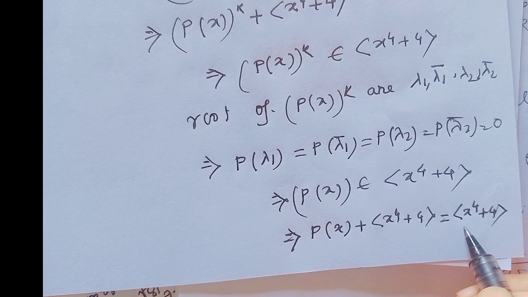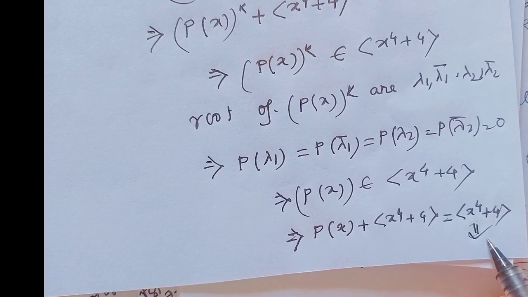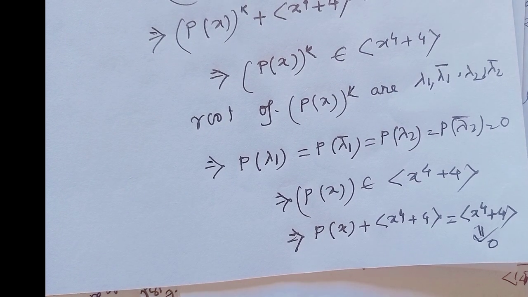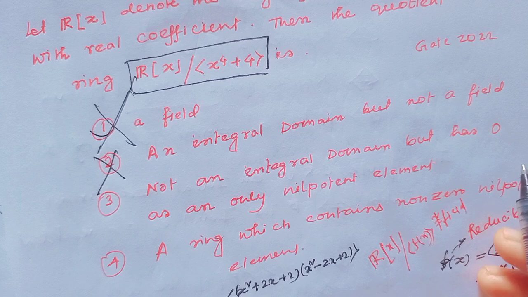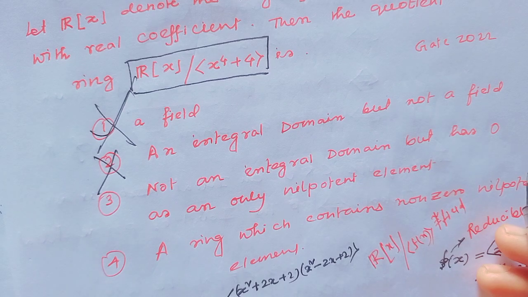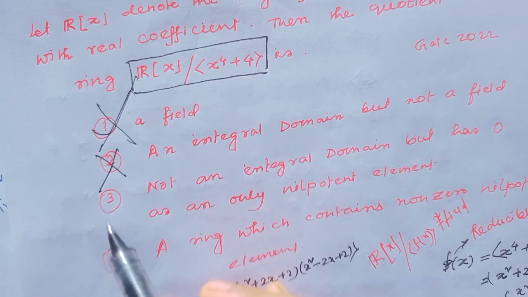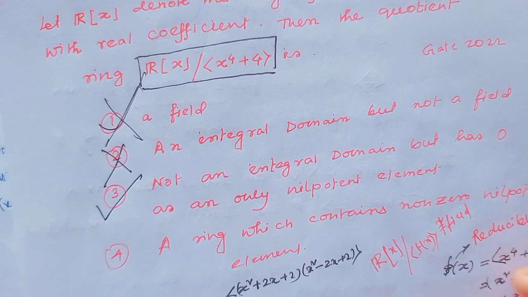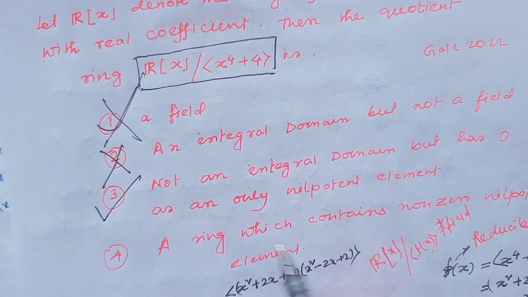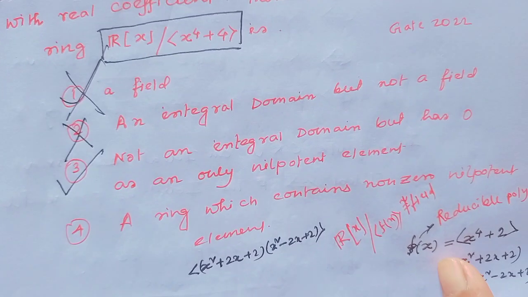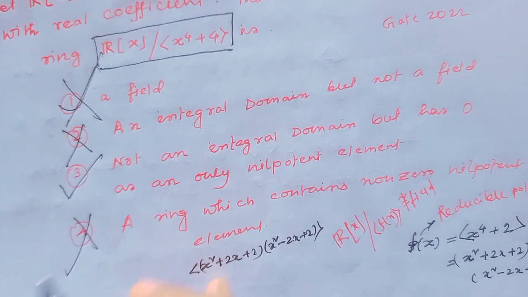That means this is actually the zero element. So 0 is the only nilpotent element. So option 3 is the right option. And option 4, a ring which contains a non-zero nilpotent element, is the wrong option.